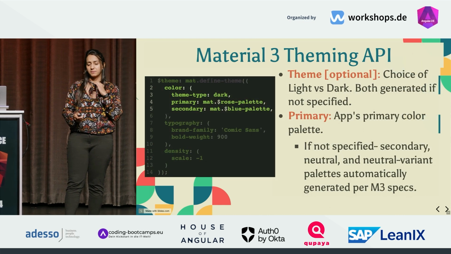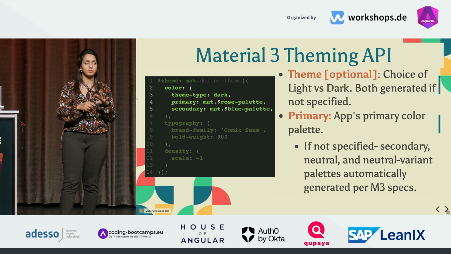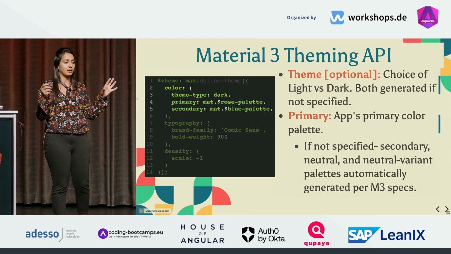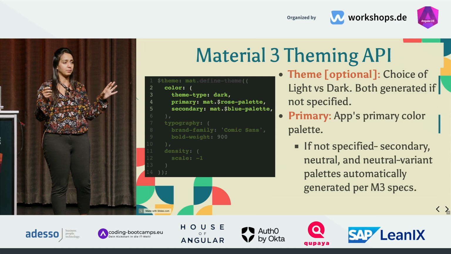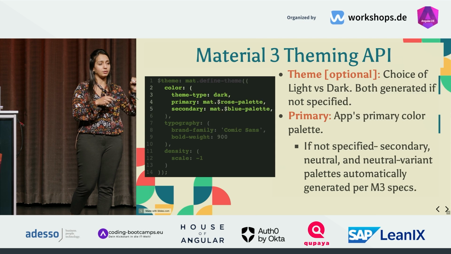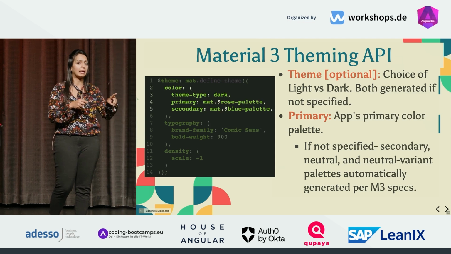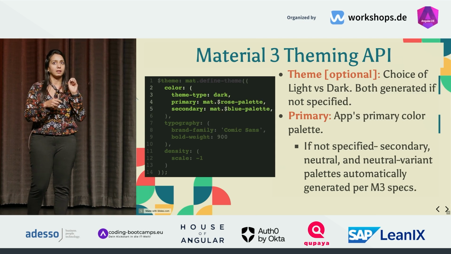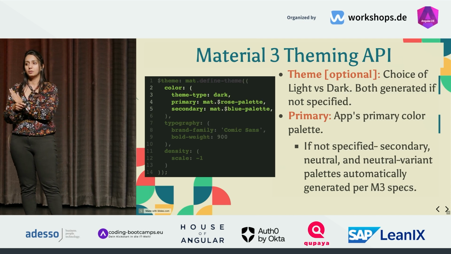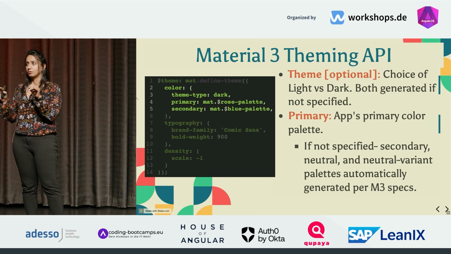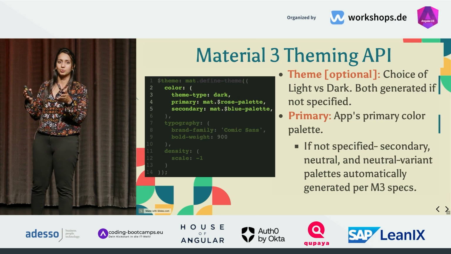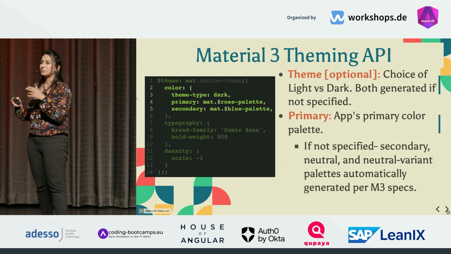If it's not specified, there's this huge idea of color science that Material has published several blogs on and has researched and understood. Based on the one primary color that you provide, it is able to generate all the other variations that it needs to make your app not look like a 2-year-old designed it or picked the colors for it.